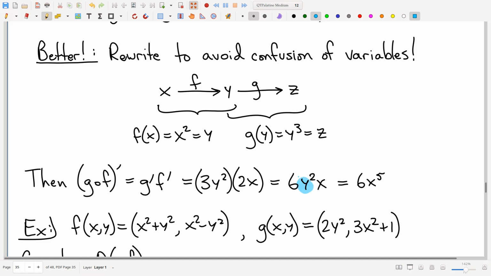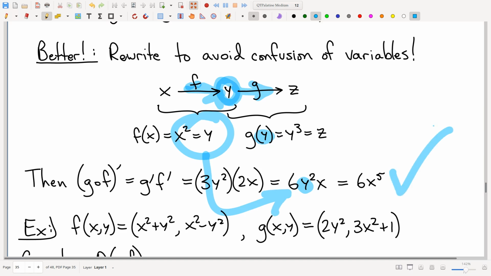Well, because I need my answer in terms of x. What is y? Y, being the input to the g function, is the output from the f function. So it is x squared. And that's why that goes into that. You get the right answer, and all's well and good. We didn't even have to worry about forgetting stuff. The notation did it for us.